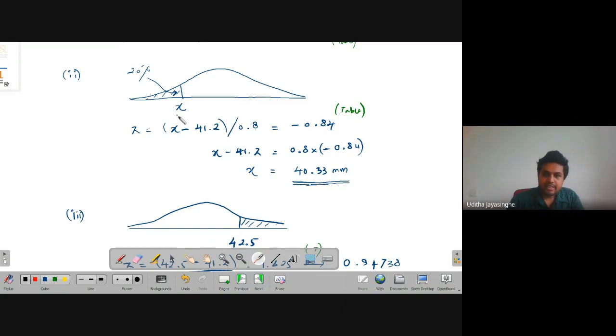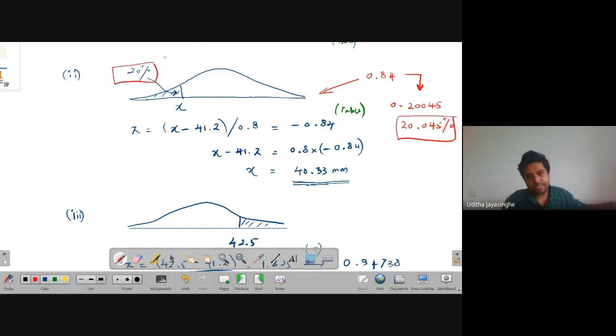So if I exactly look for the 20%, I can't get a number, but the approximate number that I'm going to get for 0.84 is calculated as something like 0.20045, or something like 20.045%. So this and this are the values that I just equated.